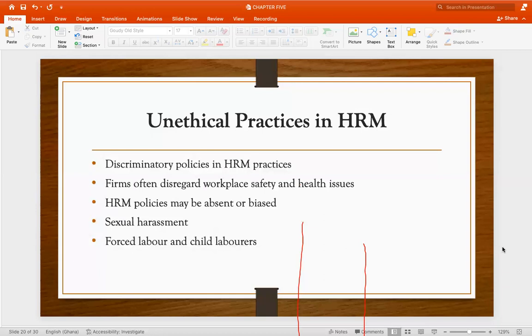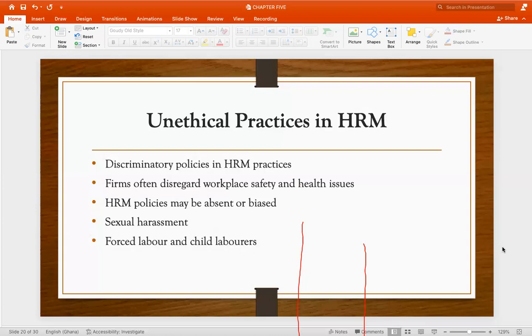So managing your workforce is really an issue when it comes to business. That's why you see some engaging in unethical practices, especially in human resource management, with discriminatory policies here and there being practiced by the human resource management department. Firms often disregard workplace safety and health issues.